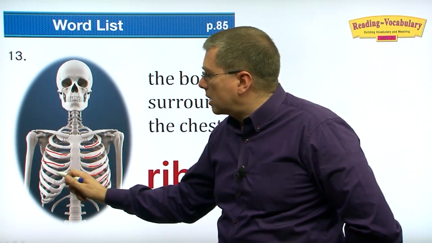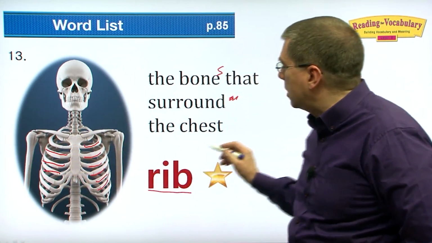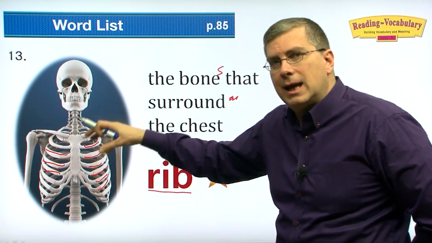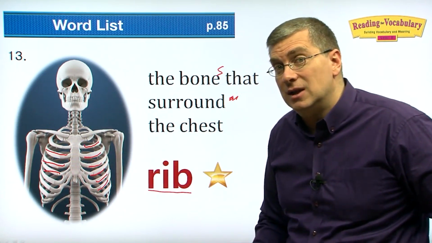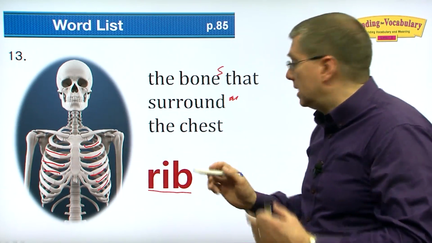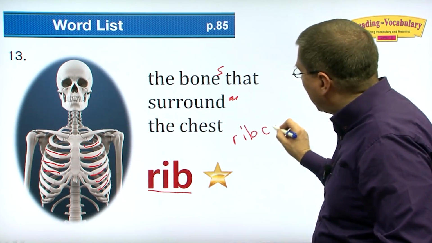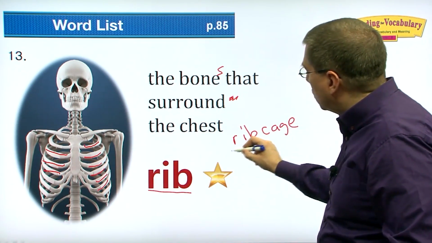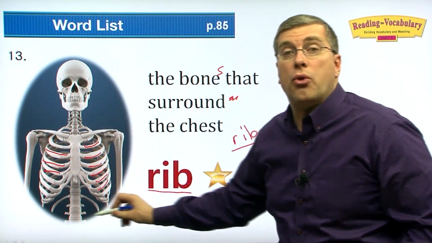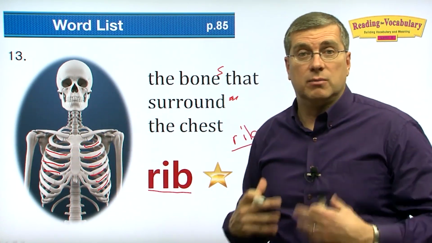Now, if you want to talk about the whole thing, if you talk about all the ribs together, what does it look like? It kind of looks like a cage, doesn't it? A cage where you keep an animal or something in. So we call the whole thing a rib cage. It's like a cage that protects the inside of your body, right?